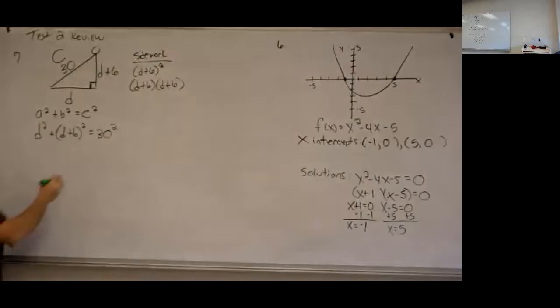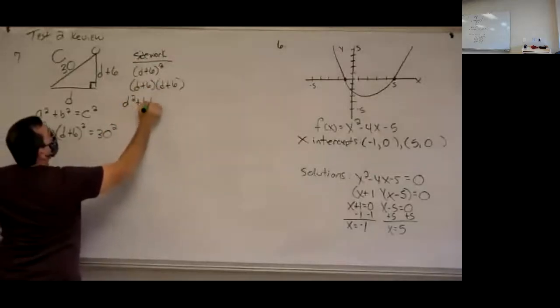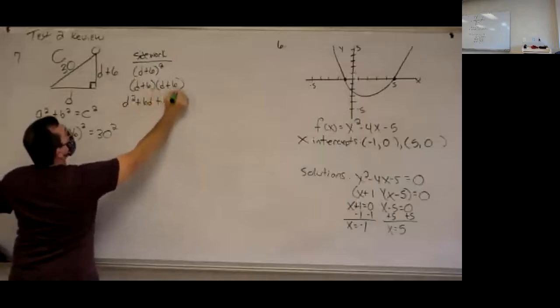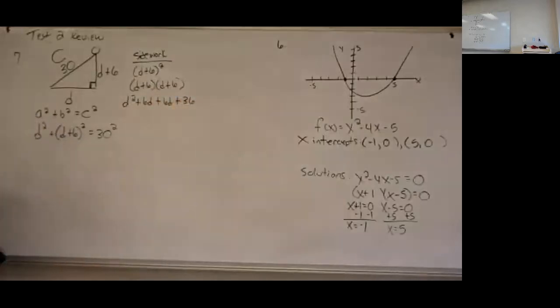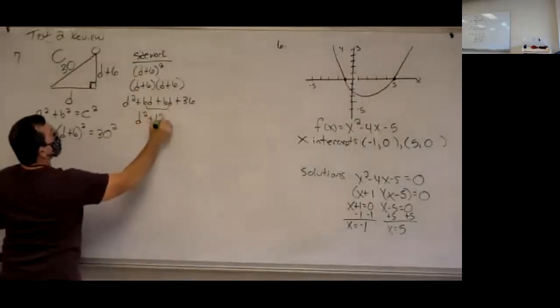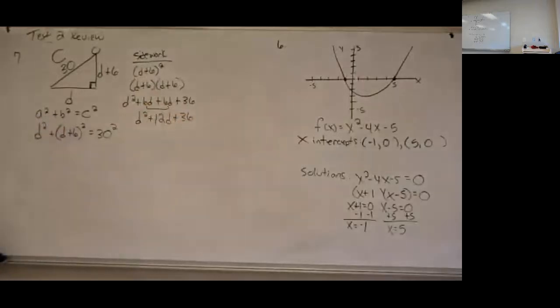All right, so following that, you get D squared plus 6D plus 6D plus 6 times 6 is 36. The last thing I'll do to that is add like terms. So I get D squared plus 12D plus 36.